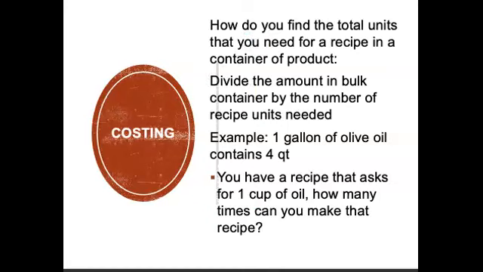If you buy a container of olive oil, make sure that you know how much oil is in that container, because it varies. Some might have 32 ounces, some might have 1 gallon, some might have 16 ounces. So make sure that you know exactly the amount of oil that you are buying, the quantity or the volume that is in that container, the volume or the weight.